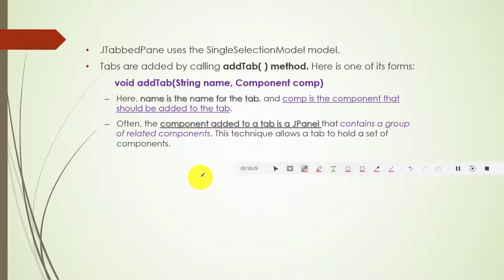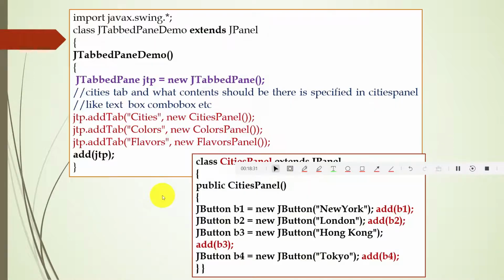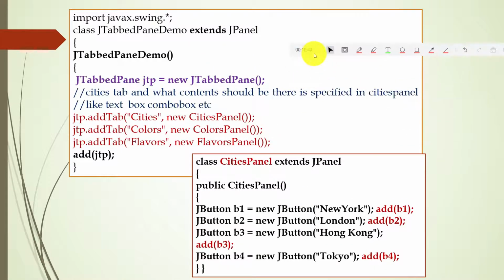We can see it. If I go forward, this is my program. Here, students, I have different classes which are going to use the panel tabs. Here I am creating three tabs. JTabbedPane is the main file, students.